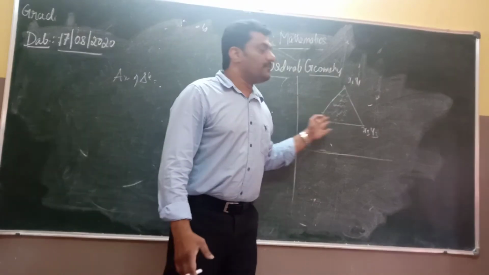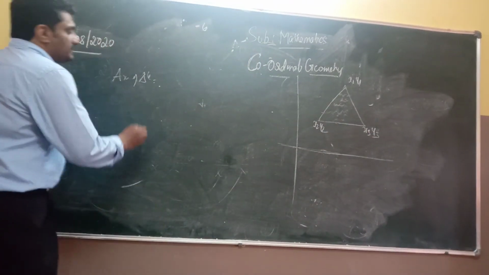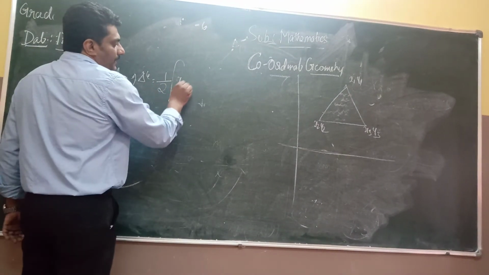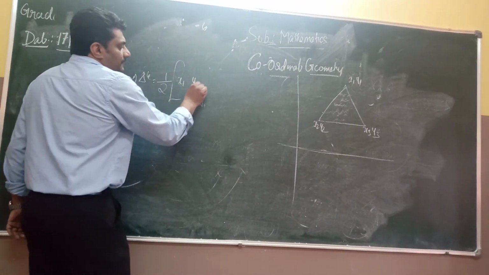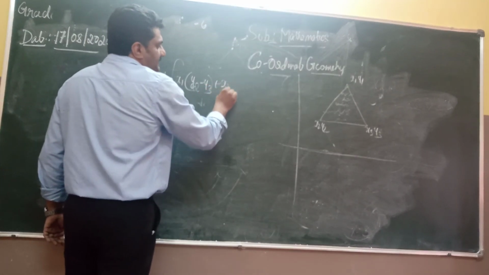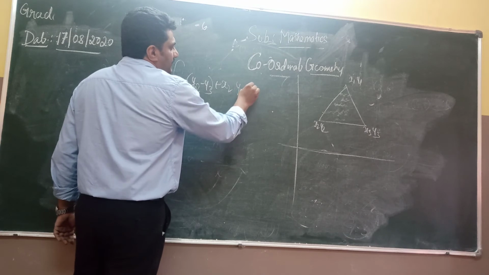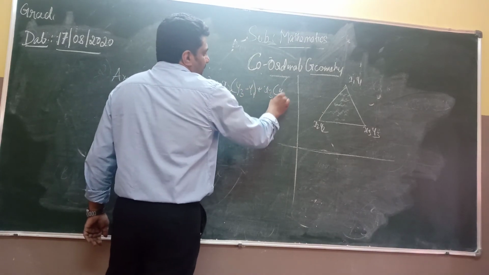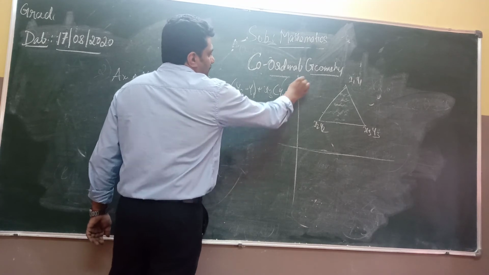Since we have three vertices, the area of a triangle will be half of x1 (y2 minus y3) plus x2 (y3 minus y1) plus x3 (y1 minus y2).